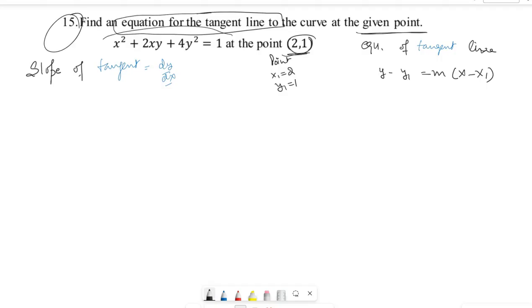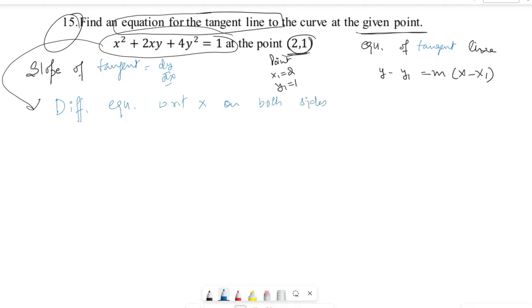Okay, so because this equation is given, we are going to differentiate this equation with respect to x on both sides. Because this is given as an equation, we need to use implicit differentiation.